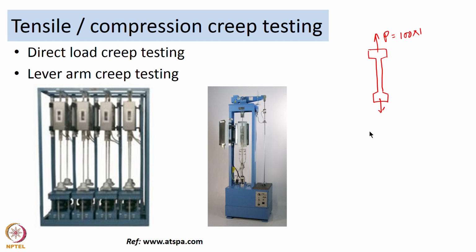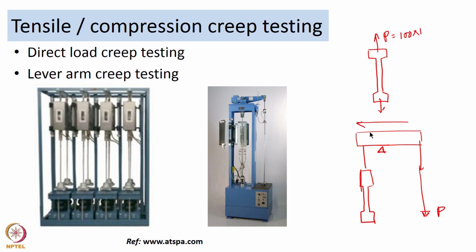So, say this is your arrangement, there is a fulcrum point, and you apply the load here, and then the load gets transmitted through the moments onto the sample. Usually the load that eventually gets applied on the sample is an amplification of the applied load, because of the balance of moments.